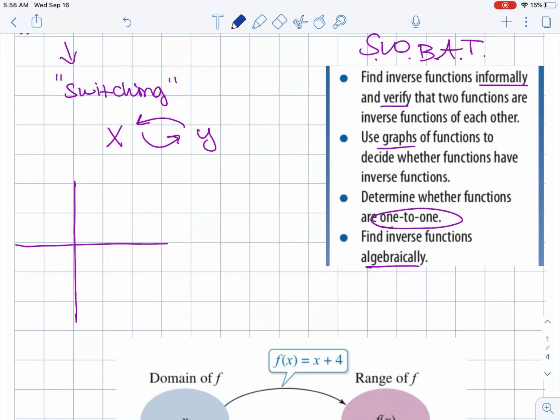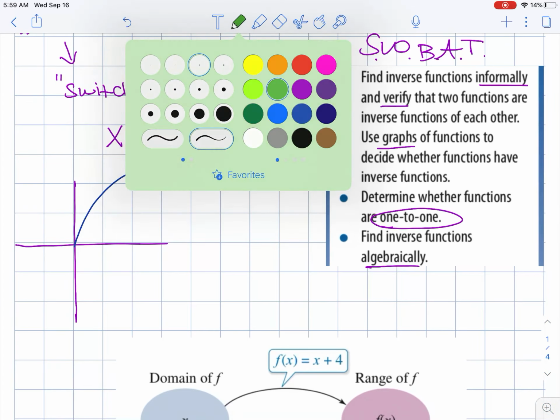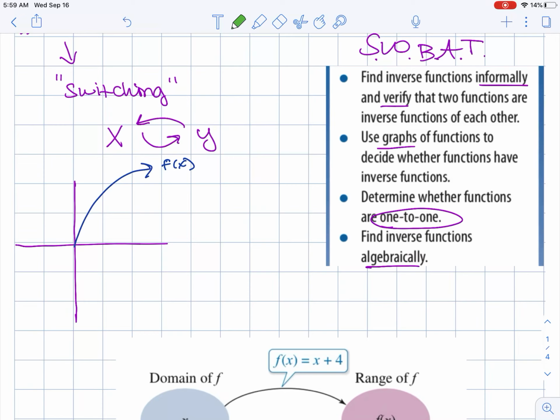this, actually, if you have a graph that looks like this, where this is our f of x, the graph of its inverse is going to be the opposite.